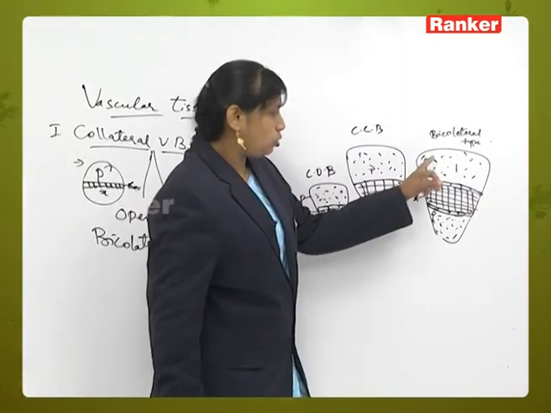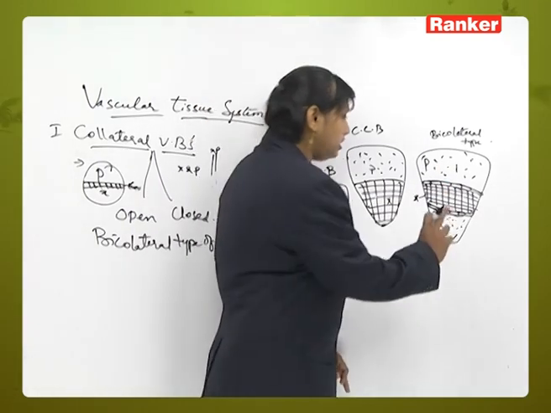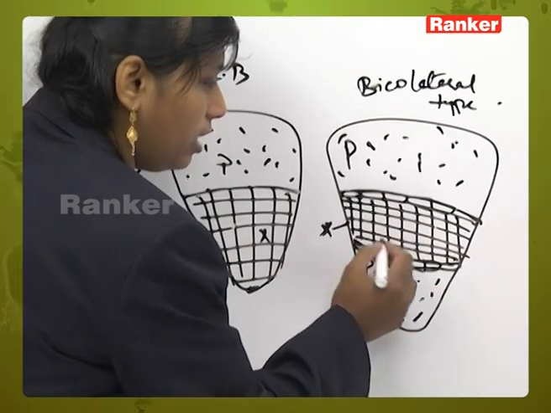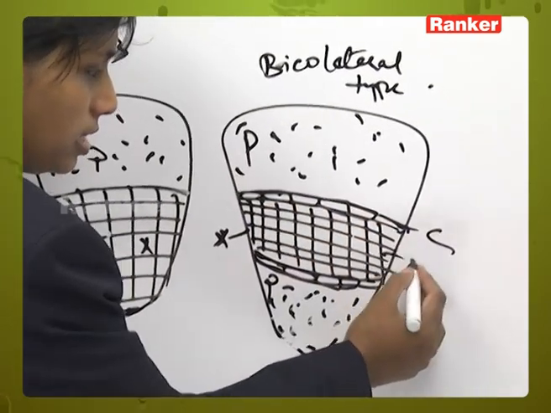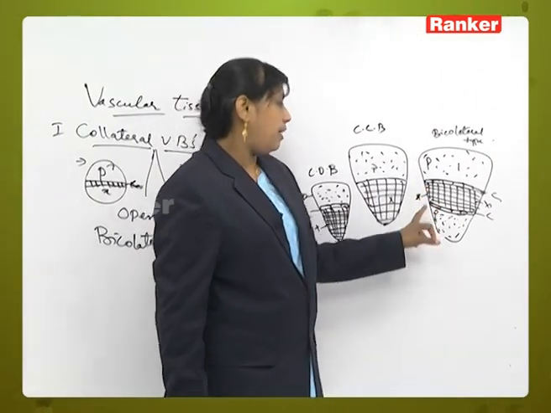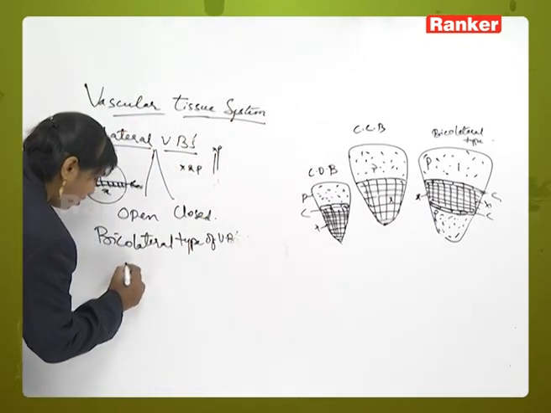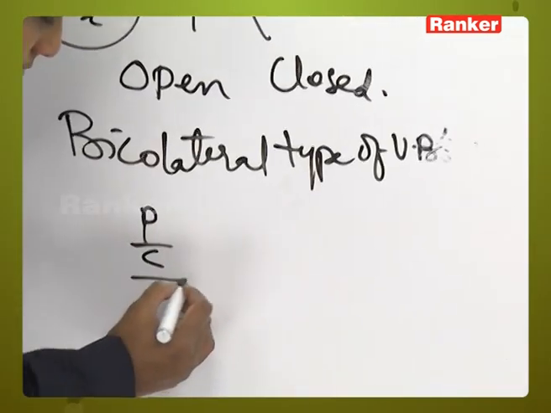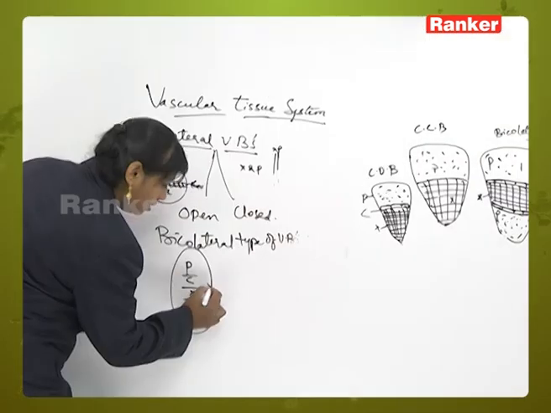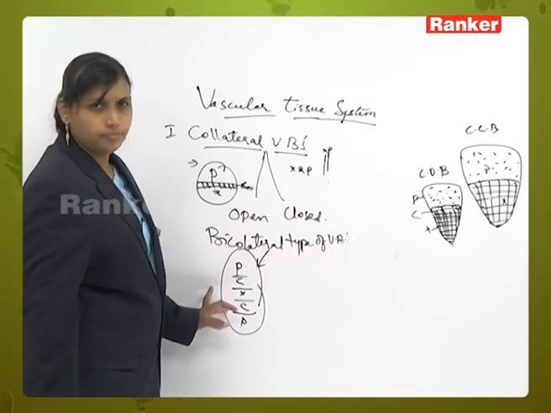So there is phloem on two sides of the xylem, and in a similar way cambium is present on either side of the xylem: cambium, xylem, cambium. So if I write it down, it will be phloem, cambium, xylem, cambium, phloem. This is a bicollateral vascular bundle.